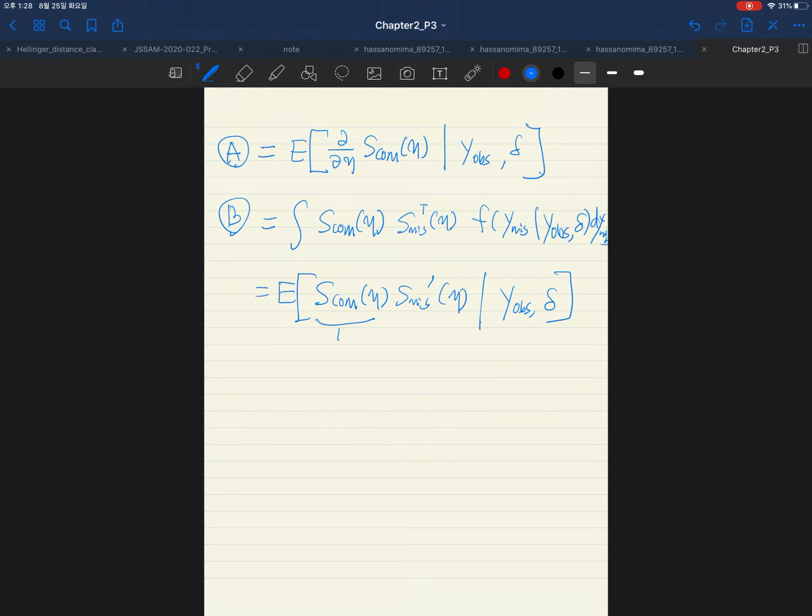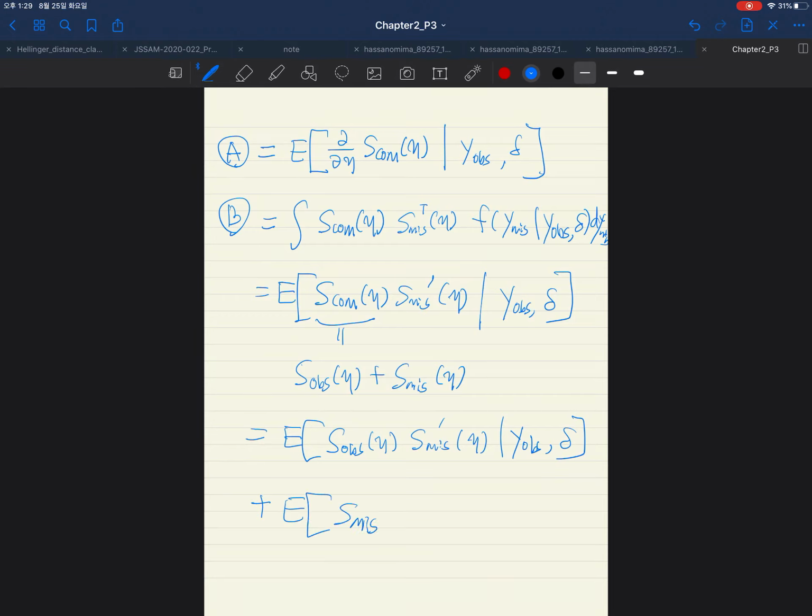And then this guy is S obs theta plus S miss, right? So the first term is orthogonal, I mean, we already saw that this is a 0. But anyway, and then the second term. Okay.